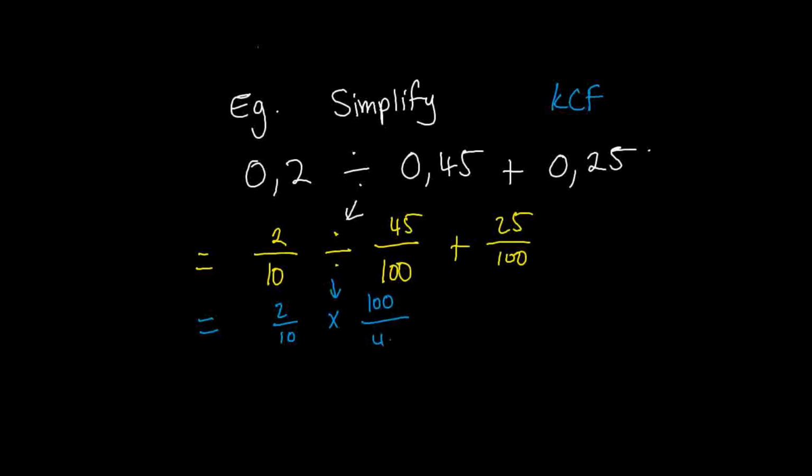So it's 100 over 45 plus 25 over 100. Now I can multiply top of the top, bottom of the bottom. 2 times 100 is 200 over 10 times 45 is 450 plus 25 over 100. Let me move this up so you can see what's happening.